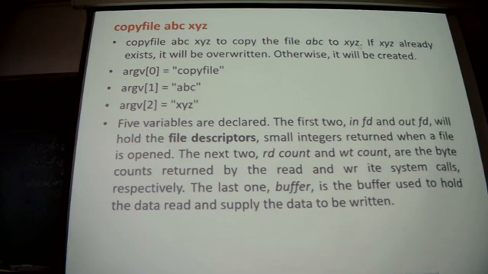Maybe xyz already exists, maybe not. If xyz already exists, we just return xyz, because we copied the content of abc to xyz. So it is called overwritten.